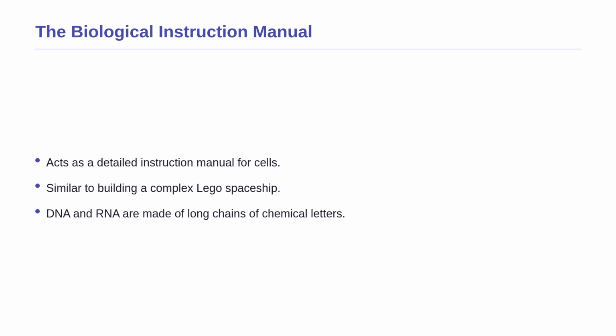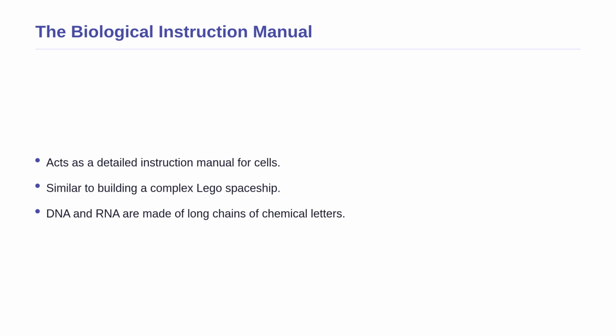To start our journey, imagine you are trying to build a massive, incredibly complex Lego spaceship. To do this successfully, you need a highly detailed instruction manual that tells you exactly which piece goes where and in what order. In the human body, and indeed in all living things, we have a similar instruction manual that tells our cells how to build everything we need to survive.